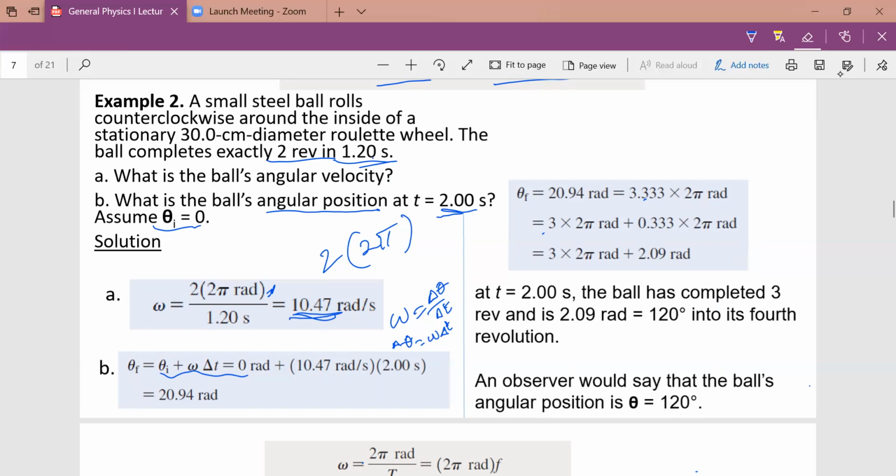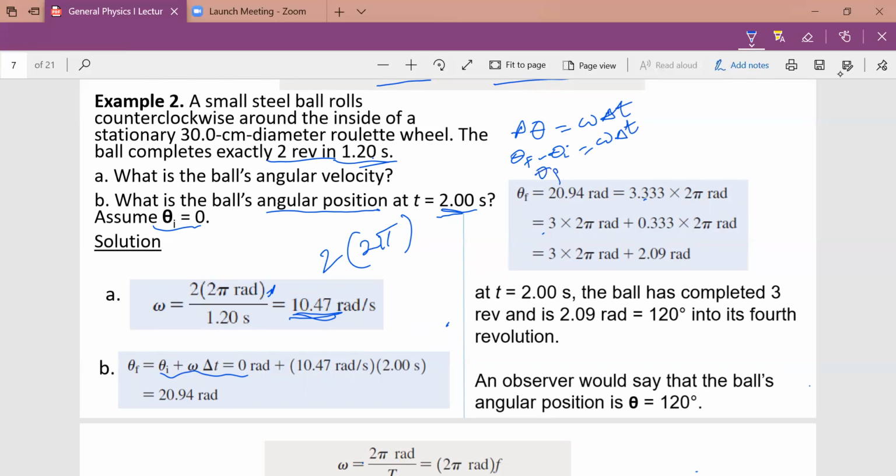Change in theta is equal to W change in time, which means theta final minus theta initial is equal to W change in time.